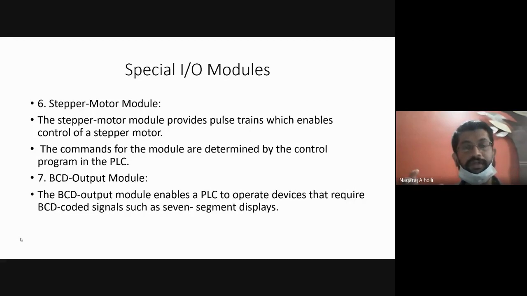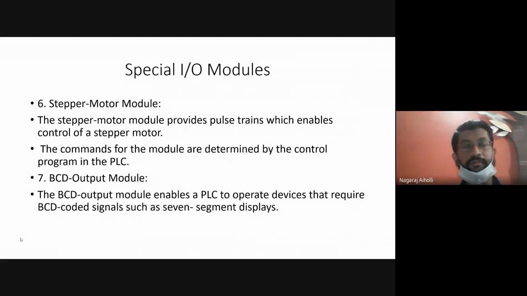Now this stepper motor is being controlled by the stepper motor module, so that the position of the stepper motor can be adjusted. We can adjust the position, or vary its rotation, by adjusting the pulses that are coming from this stepper motor module. The commands for the module are determined by the control program in the PLC.